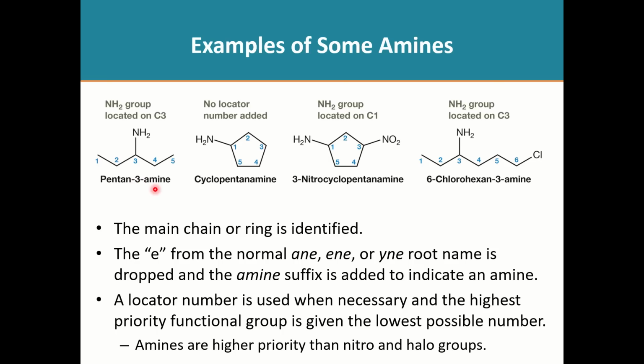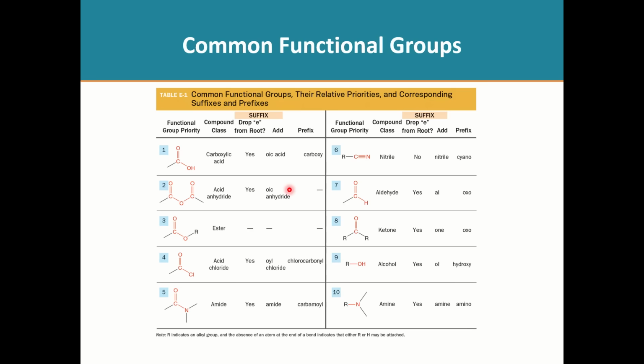It's super important that you drop that E in the name, okay? And it's also important to be able to look at this table and identify the suffix, which is our amine right here.